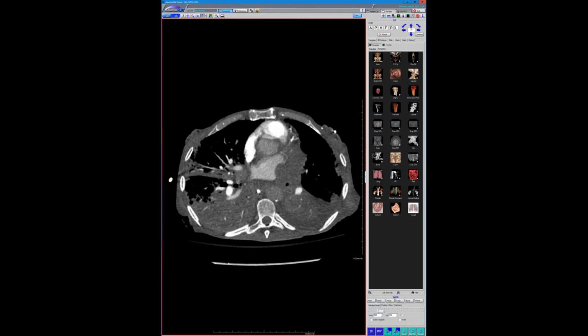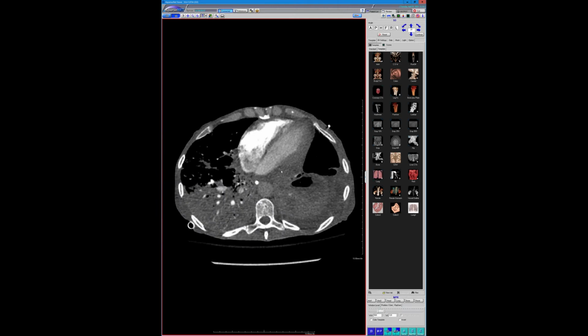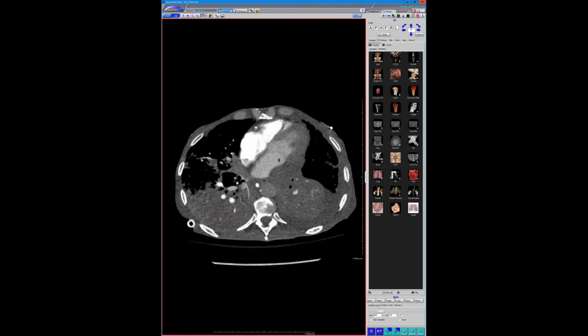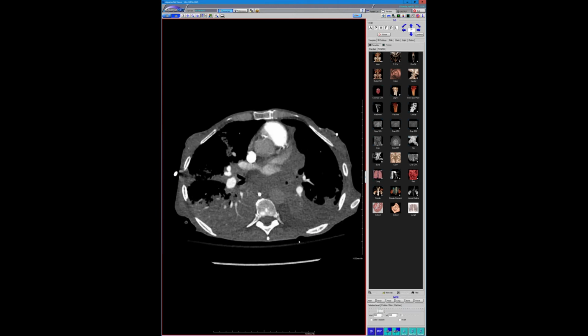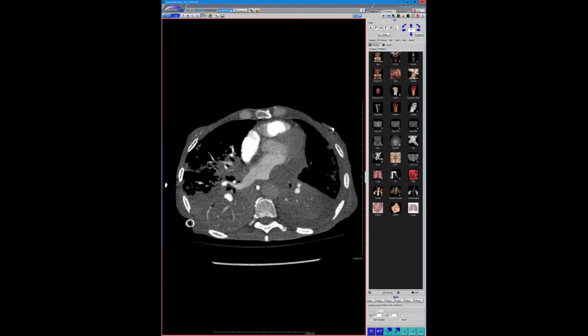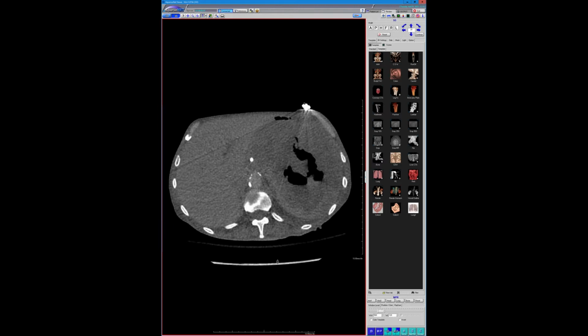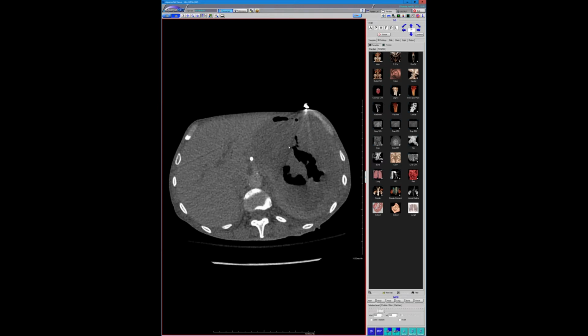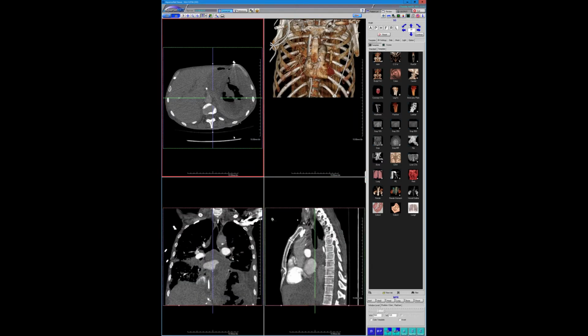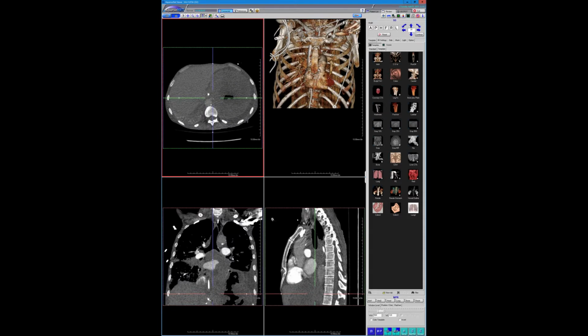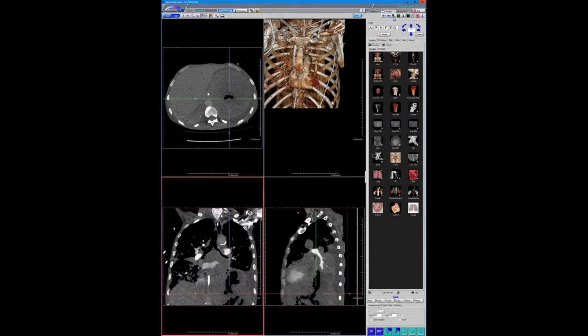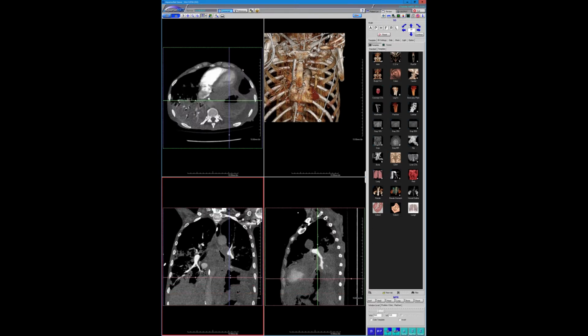She's probably got a superimposed pneumonia. But the point is that you see there's this large necrotic mass in the left lower lobe. You can see the bronchus going into that mass. And then you can see that mass continuing through the diaphragm, going into this large structure in the left upper quadrant. And initially I thought it was going to be going into the stomach.